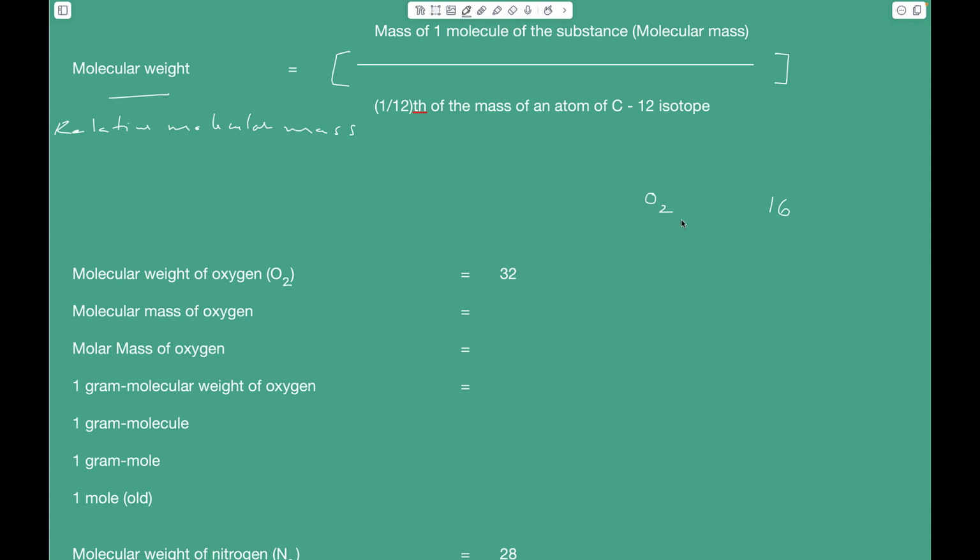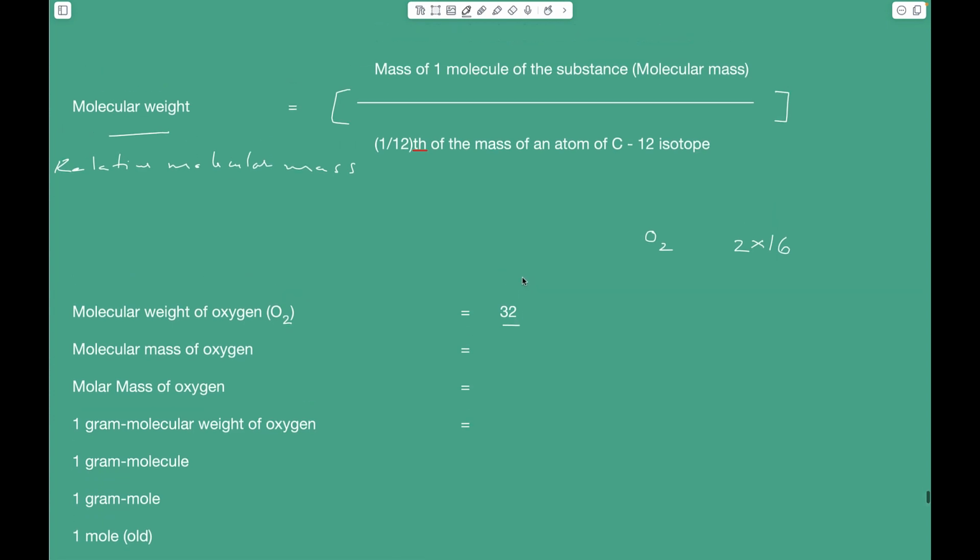Because one oxygen molecule is composed of 2 oxygen atoms, you have to multiply its atomic weight with its atomicity to get its molecular weight. So the molecular weight of oxygen is 32. Now this is again a number without any unit written next to it, and this number tells the number of times one molecule of oxygen is heavier than the standard that we chose.